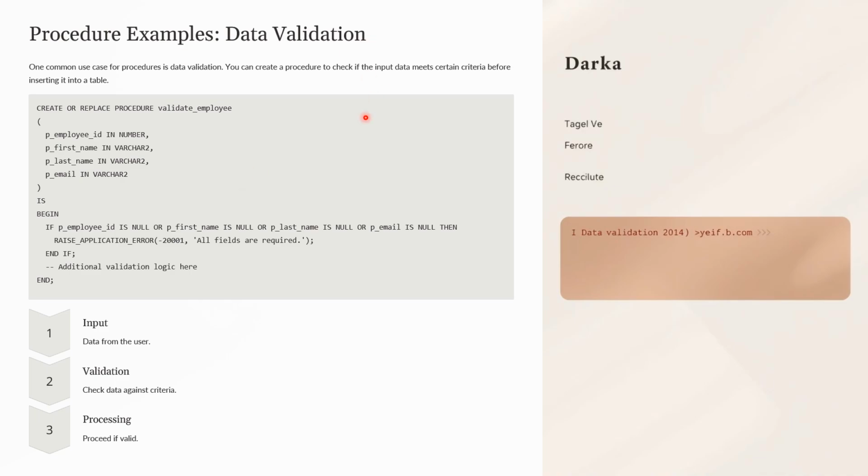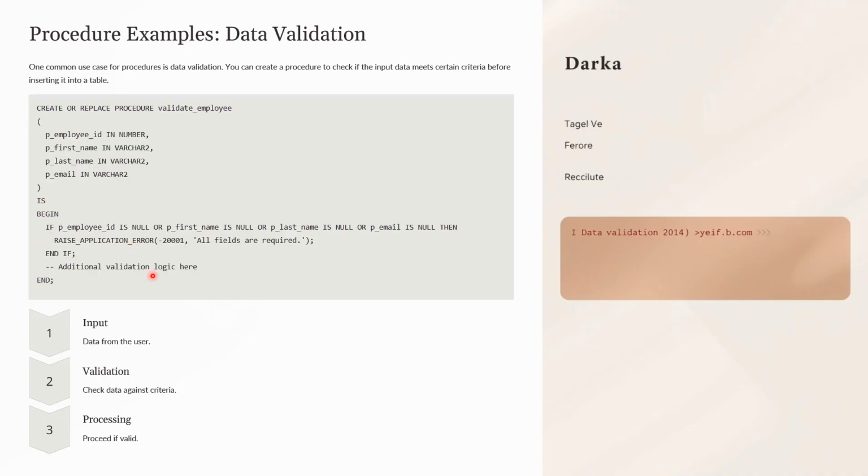Coming to the next part, here you have create or replace procedure validate_employee. They have given p_employee_id as an IN parameter of type number. Similarly, p_first_name in varchar, p_last_name in varchar, then email in varchar. Begin. If p_employee_id is null or p_first_name is null, or they have given a list of things, then you have to raise an application error.